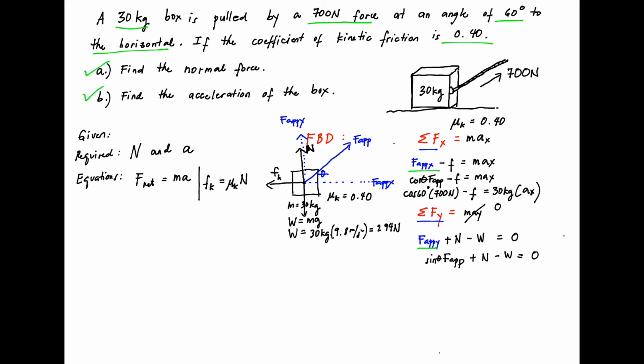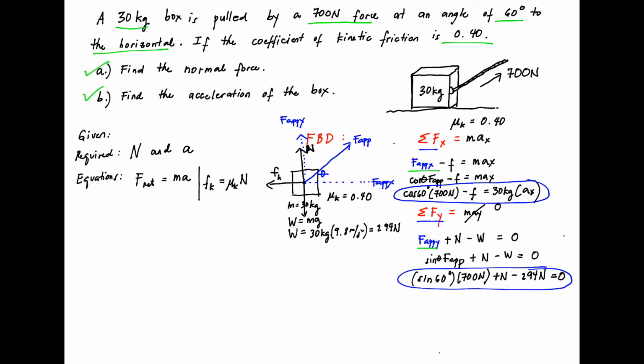And we also have this for the sine theta. So we have sine 60 degrees multiplied by 700 Newtons plus the normal force minus the weight, which is 294 Newtons, equals 0. Notice that we have this as our equation 1, and we also have this as our equation 2.